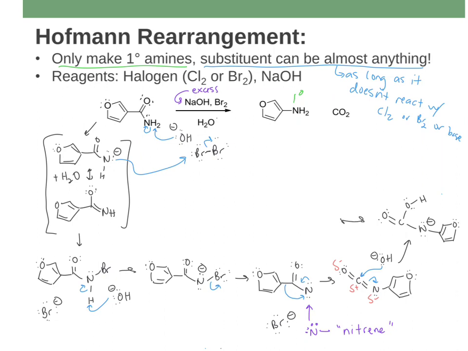I'll draw the resonance structure. So it forms a relatively stable-ish anion, right? Negative charge spread out between an O and an N. Not as good as 2 O's like in a carboxylate, but still reasonable.